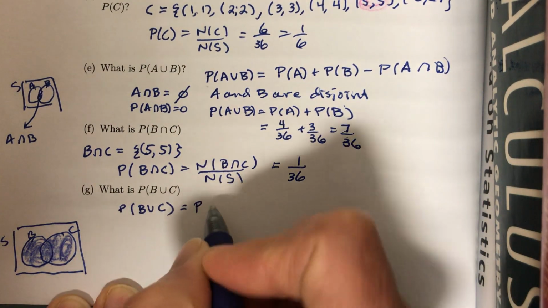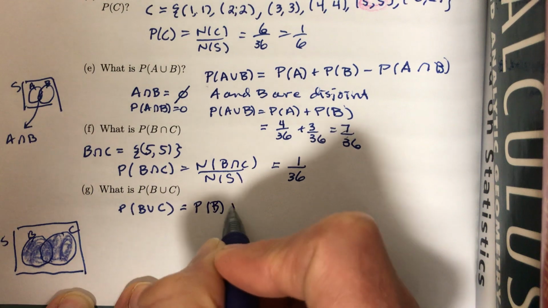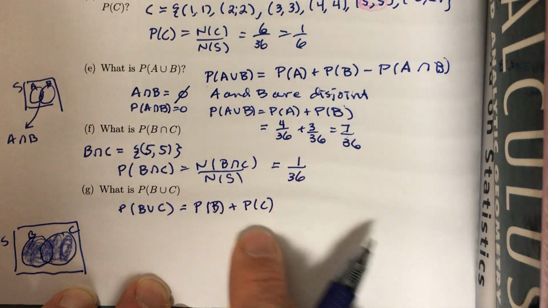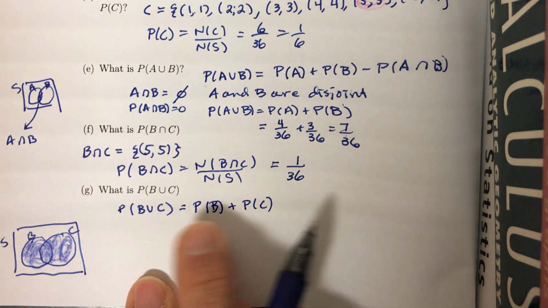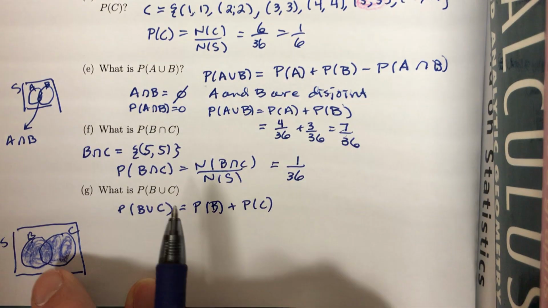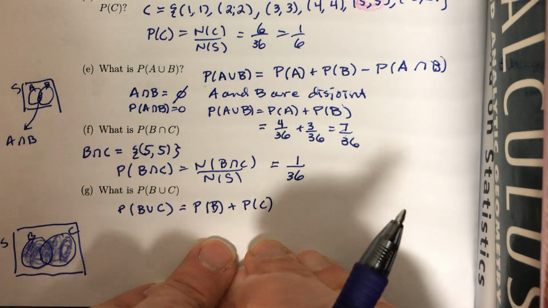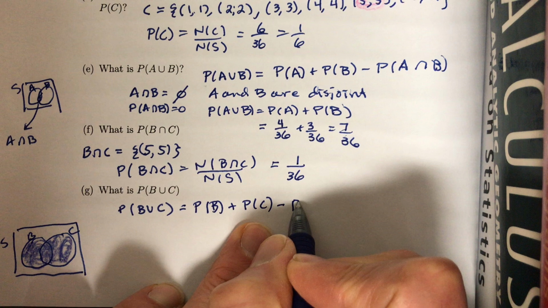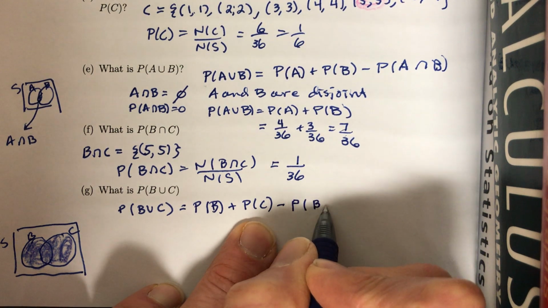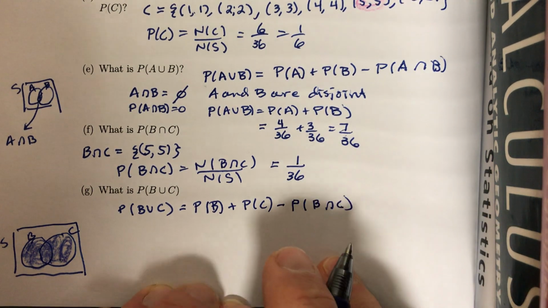The probability of B union C is the probability of B plus the probability of C. We could stop there if they're disjoint. Disjoint, remember, means that they have no elements in common, but they do. And so we're going to subtract the intersection, the elements they have in common.